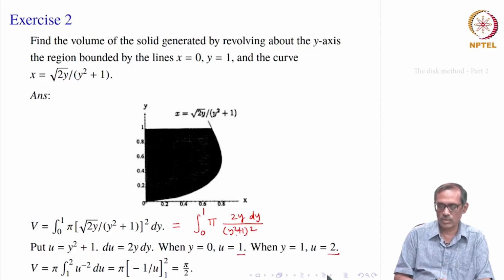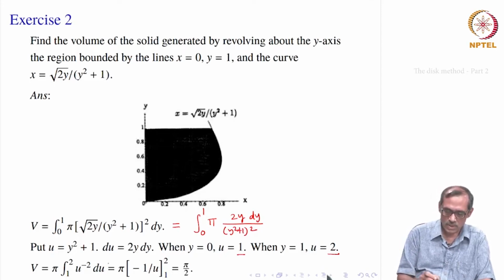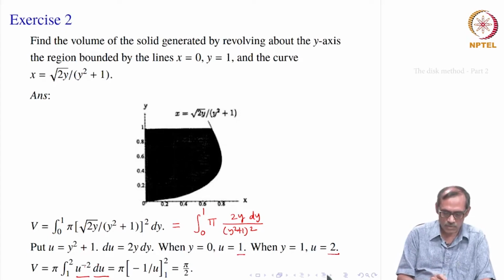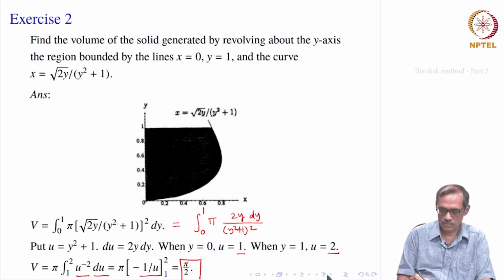That is the reason we have put y square plus 1 as u. So, this gives 2y dy as du, and y square plus 1 whole square in the denominator gives u to the power minus 2. Limits are 1 to 2 and that is the correct integral. Now, this can be integrated. U to the power minus 2 gives minus 1 by u, evaluated at the limits 1 and 2 subtracted. So, that simplifies to pi divided by 2.